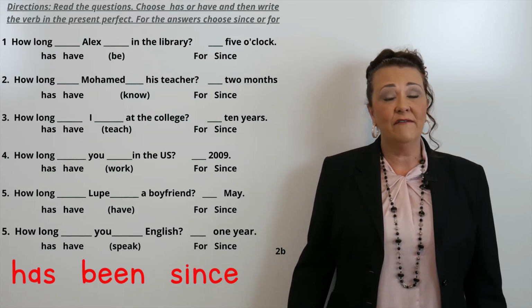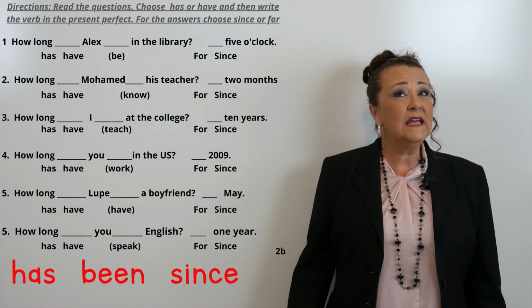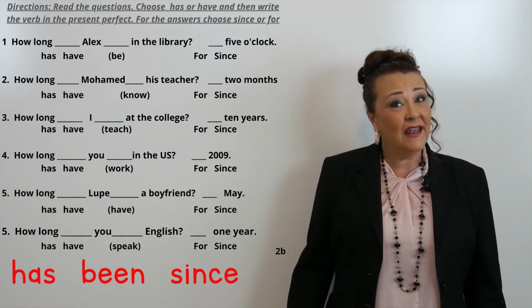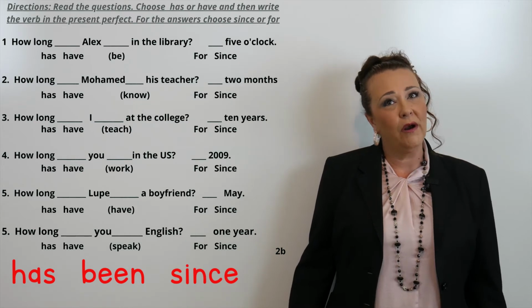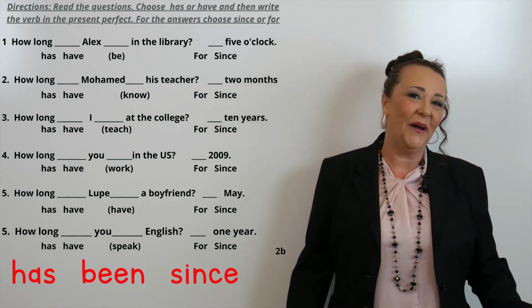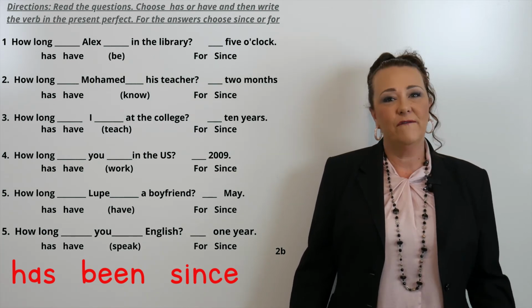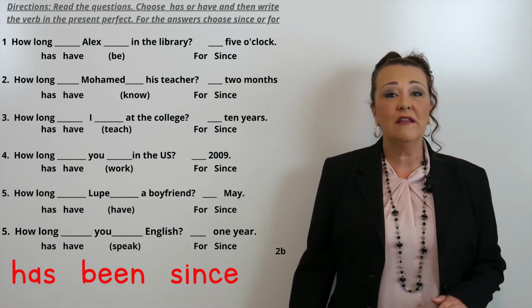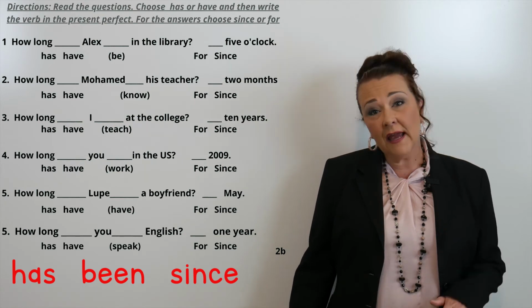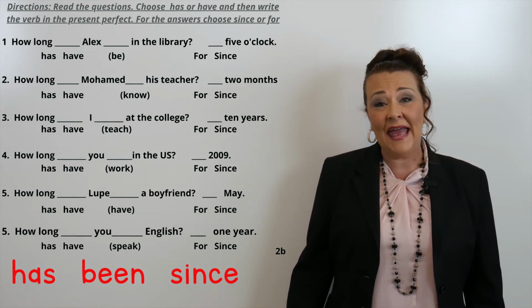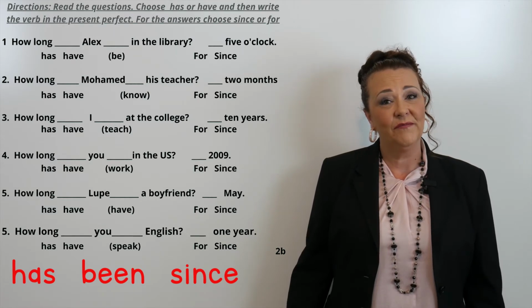Since 5 o'clock. If it had said 2 days, then we would say for 2 days. But it says 5 o'clock, so since 5 o'clock. Now let's read the whole sentence and the answer. How long has Alex been in the library?